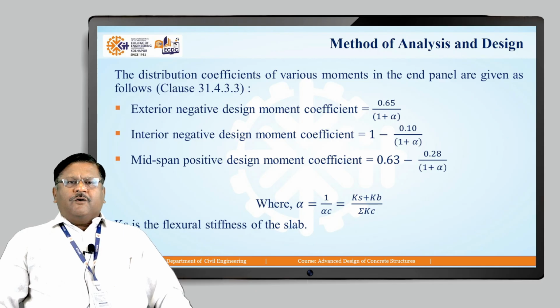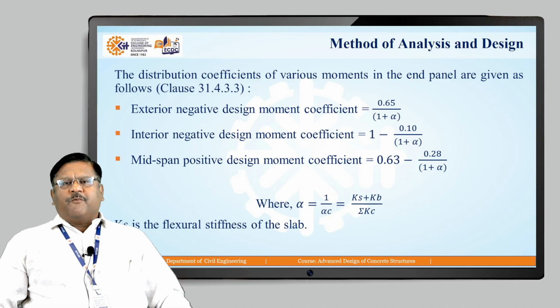In general, you want to calculate the following coefficients to calculate the moment distribution in external panel. First is external negative design moment coefficient, which is known as C1, 0.65 upon 1 plus alpha. Interior negative design moment coefficient, 1 minus 0.10 upon 1 plus alpha.